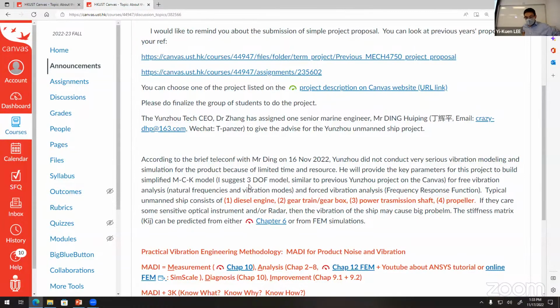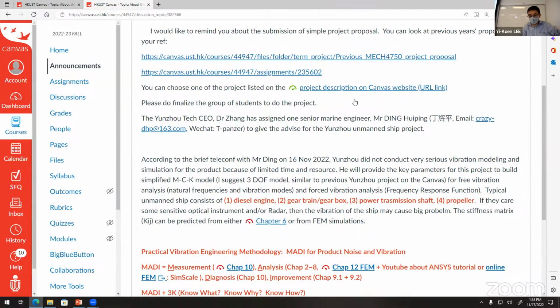So you can try to understand two important things. First is free vibration analysis. Typically, if you just set up an MCK model, we can look at the natural frequency and vibration mode.